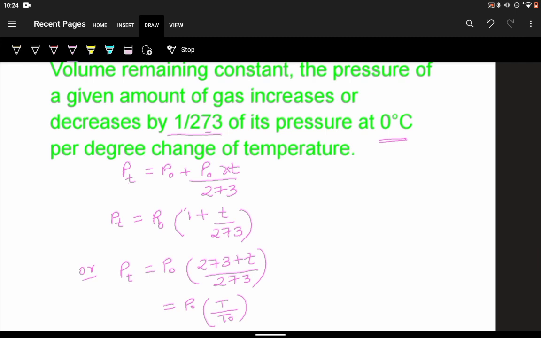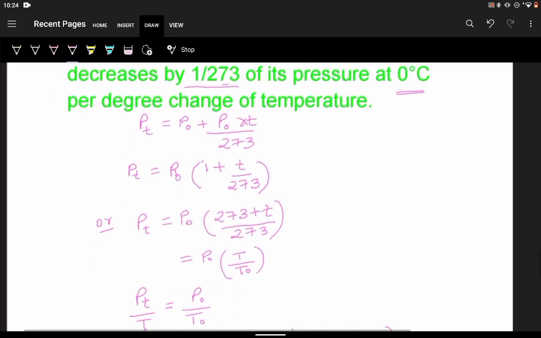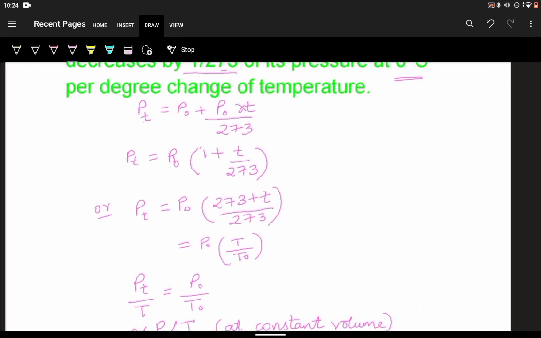Now we already know that 273 plus small t, where small t degree C is the amount by which the temperature is increased, is represented as capital T. We have just seen this before. So this whole equation corresponds to Pt equal to P naught into T by T naught.